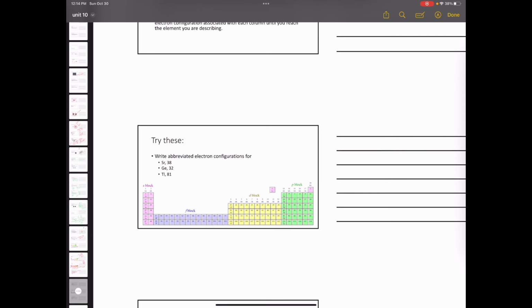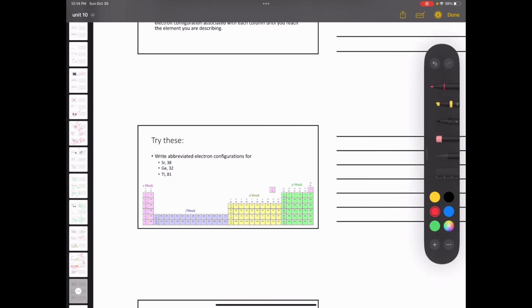All right, let's try to do a practice problem using the abbreviated electron configuration. First, we have strontium, which has atomic number 38. So first, let's locate strontium on our periodic table, which is going to be down here. What is the noble gas that precedes this row of strontium on the periodic table? I have 36. That's the last noble gas that comes before the row of that element on the periodic table. Okay, so we have 36, which represents krypton.